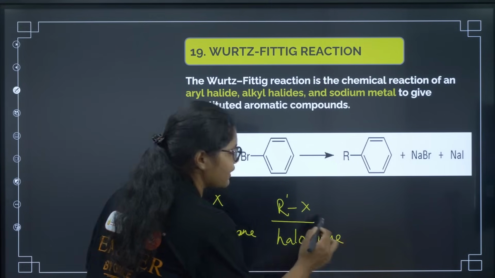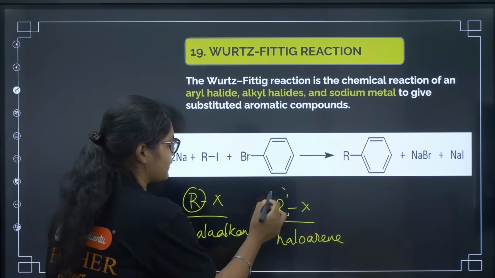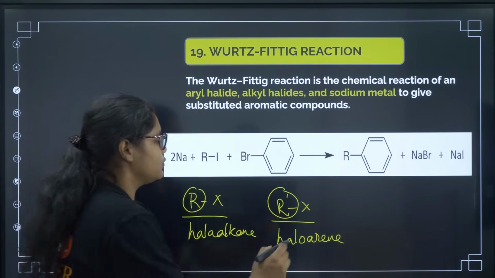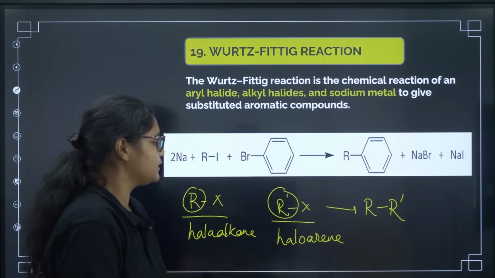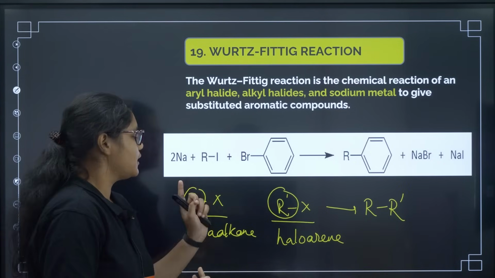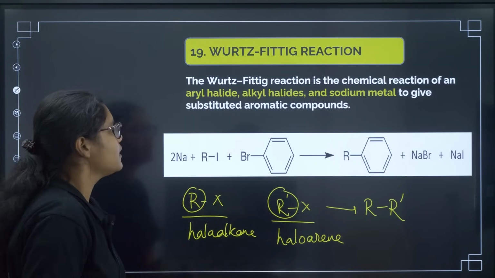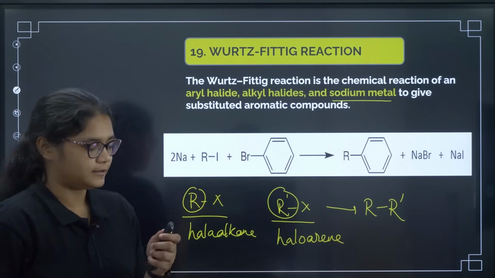Okay, that means one aliphatic compound and one aromatic compound you can take. Then this R and R' can combine to give you R-R'. Okay, so here it depends on which number of carbons you can take. So you can get any product based on R-X and R'-X you have taken. Now again the reagent is same here, sodium metal in presence of dry ether.